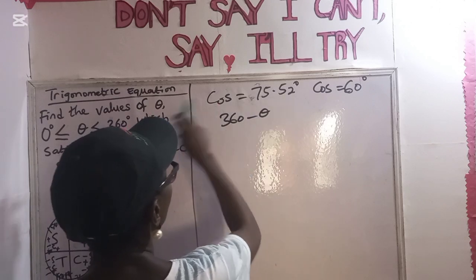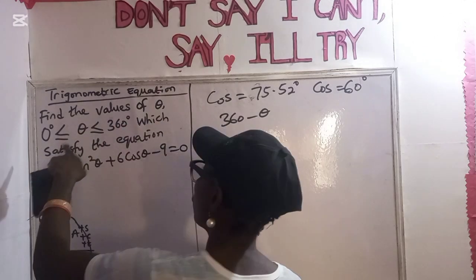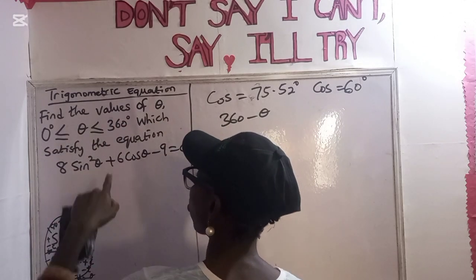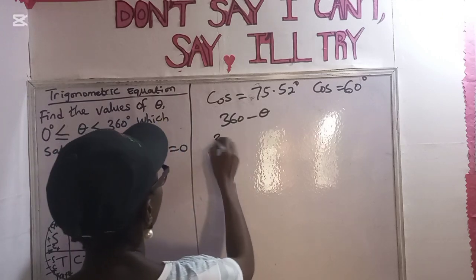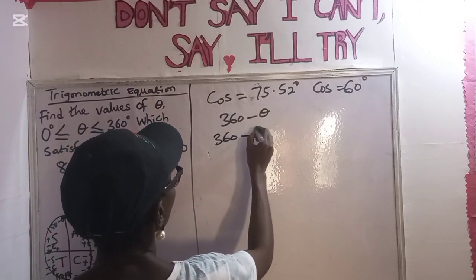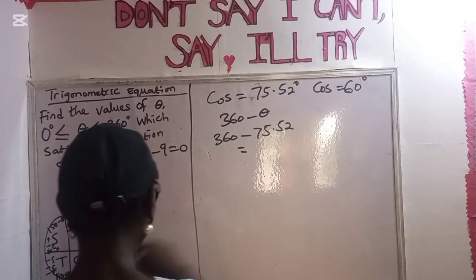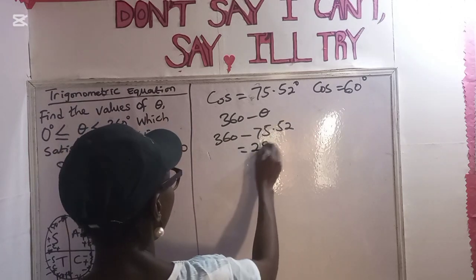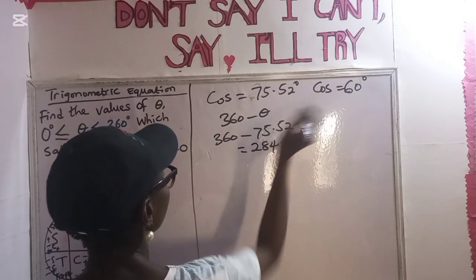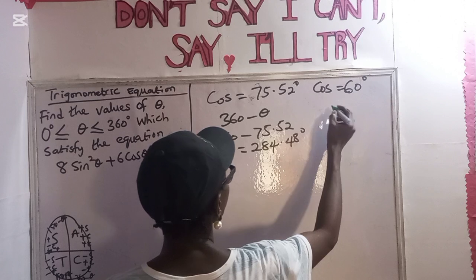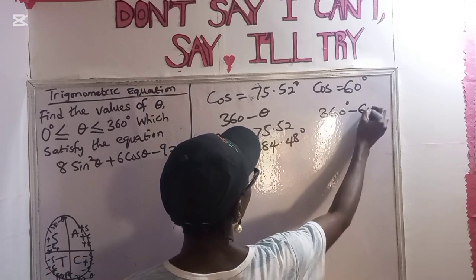So we take the fourth quadrant to find it, because the equation says 0 degree less than or equal to theta less than or equal to 360 degree. So we are saying 360 minus 75.52. The answer will give us 284.48 degree. Then when cos is 60, it will be 360 degree minus 60 degree.